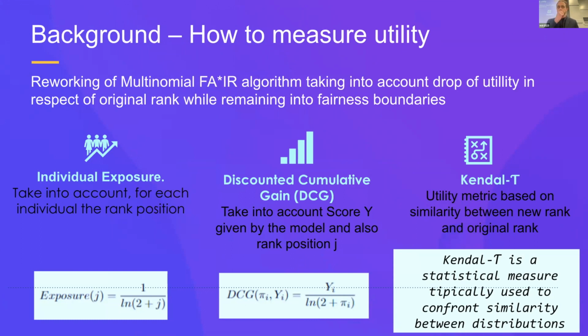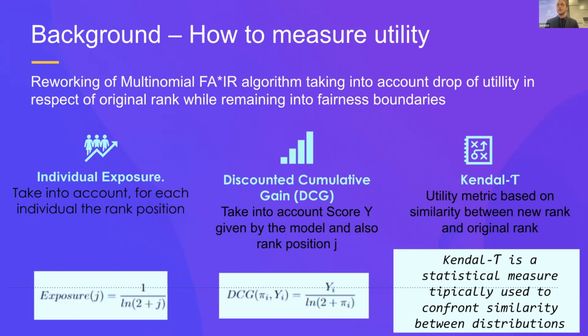From the literature, we use metrics like individual exposure, which takes into account for each individual the rank position, expressed as 1 over the natural logarithm of 2 plus j, where j is the position in the ranking.